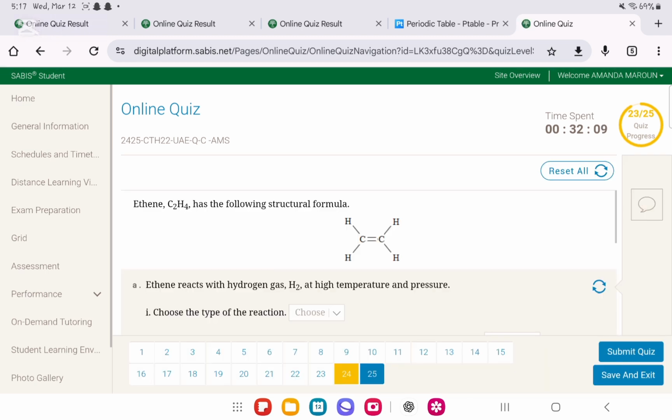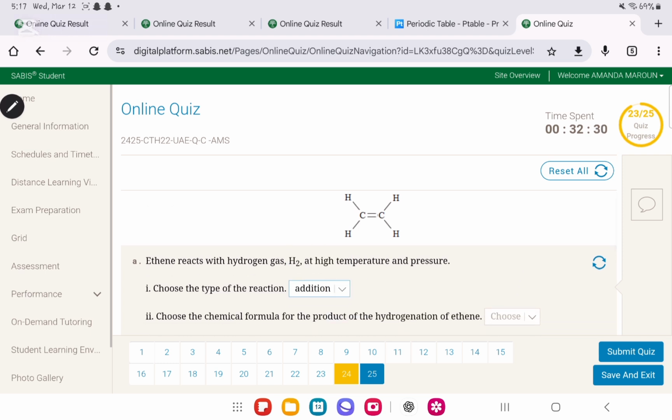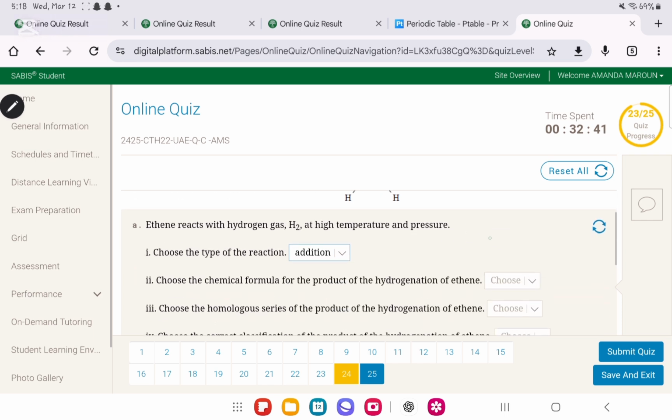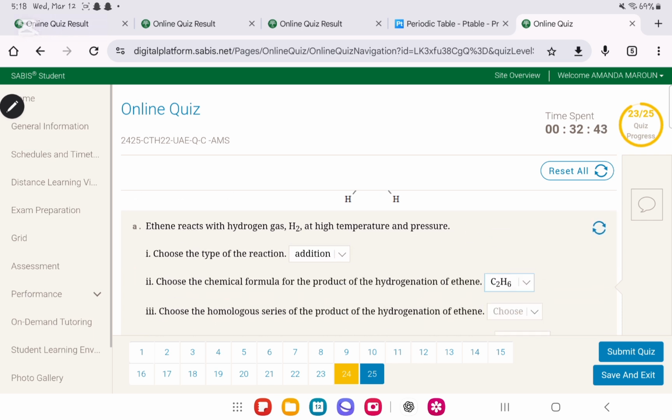We move on to question number 24. Ethene, C2H4, has the following structural formula. Ethene reacts with hydrogen gas, H2, at high temperature and pressure. Choose the type of reaction that happens. Because ethene is an alkene, it will undergo addition. That means you add H2 to the alkene, which is C2H4, and it will become C2H6.